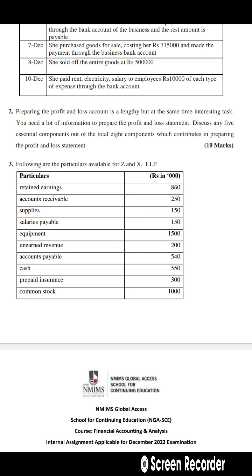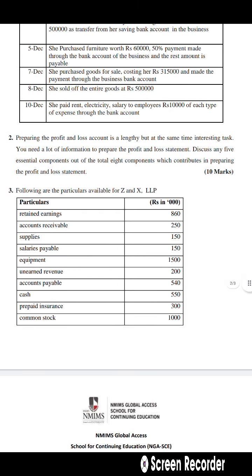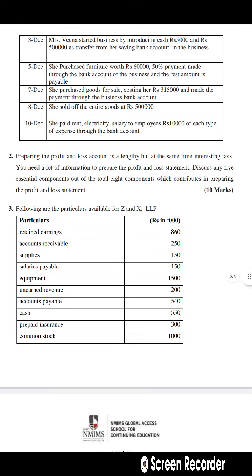Now when we prepare a profit and loss statement, whoever is from a commerce background is aware that first we prepare a trading account and then we proceed with the profit and loss account. In the trading account section, we come across the opening stock, then we have purchases, sales, closing stock, inventories, all the direct costs are involved.